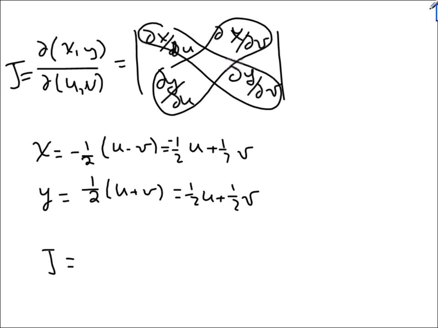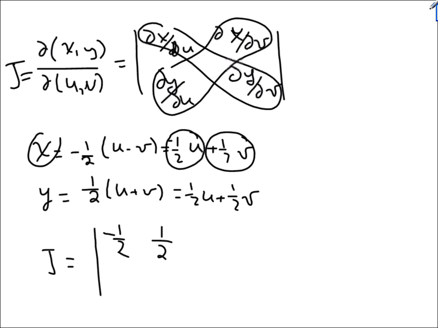What's the Jacobian? Well, it's the partial of x with respect to u. Then the same x, but now with respect to v, is a half. Second row is partials with respect to y. So partial of y with respect to u, partial of y with respect to v.